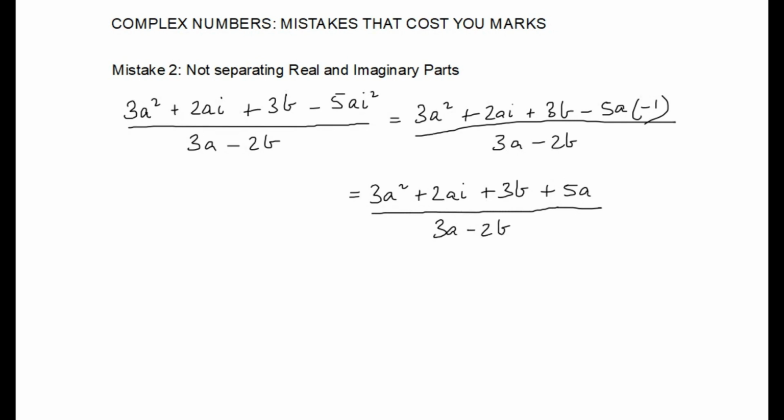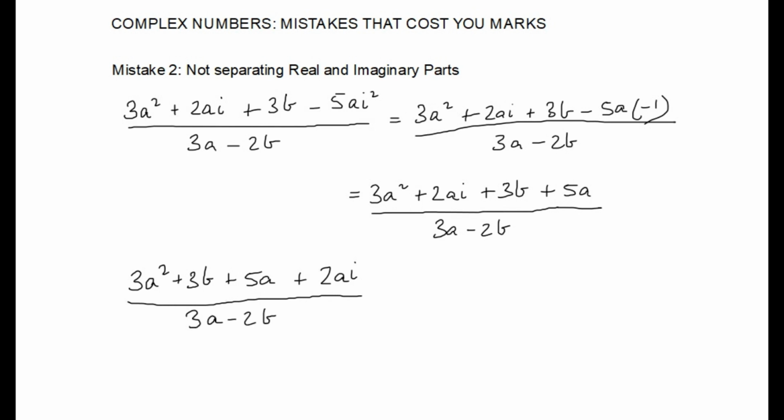Next, we want to do the separation. So how do we do that? Club all the terms with i together and all the terms without i together. So 3a squared plus 3b plus 5a are all real parts of the numerator, and then plus 2ai is the imaginary part, and then I'm going to divide that by 3a minus 2b.